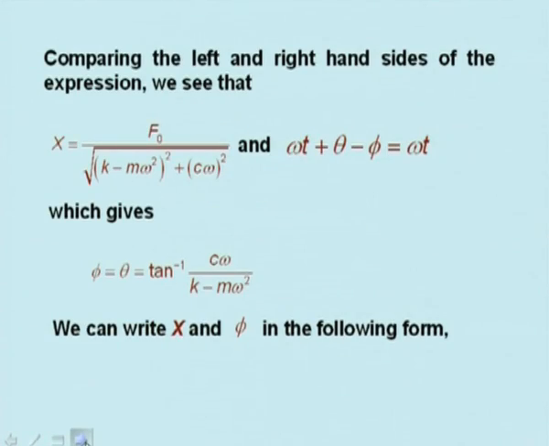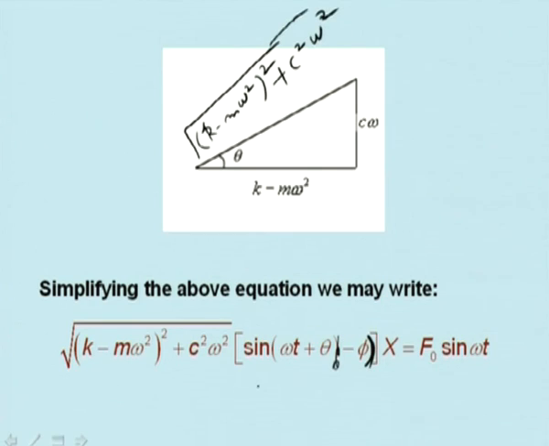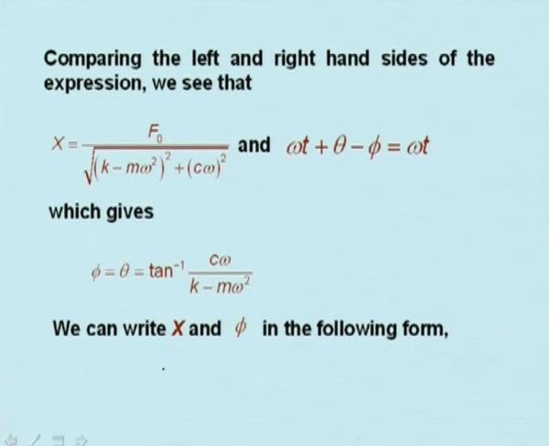Now if we compare the right and left hand side, so this sin ωt has to be equal: ωt + θ − φ should be equal to ωt. This condition has to be satisfied, because for all t, if it has to be correct, then this relation has to be satisfied, which gives φ is equal to θ.